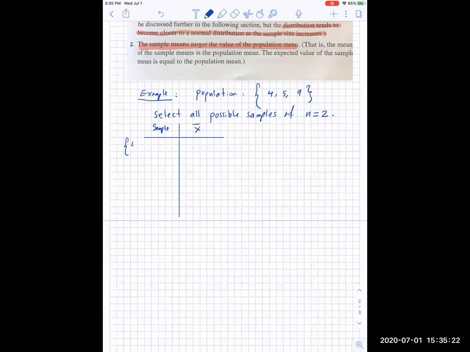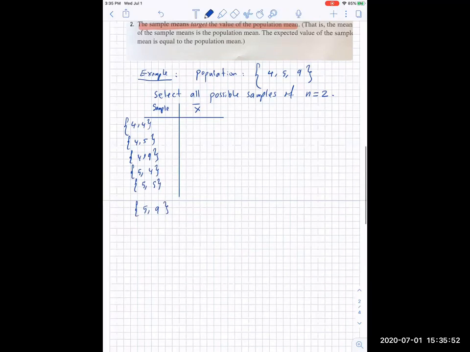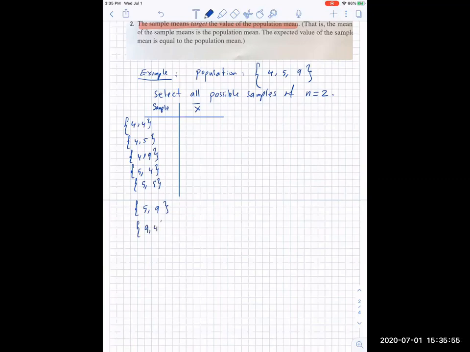So for example, 4,4; 4,5; 4,9; 5,4; 5,5; 5,9; 9,4; 9,5; and 9,9.